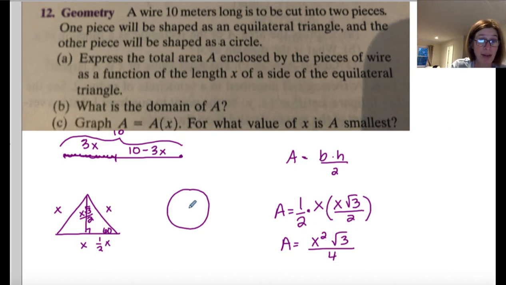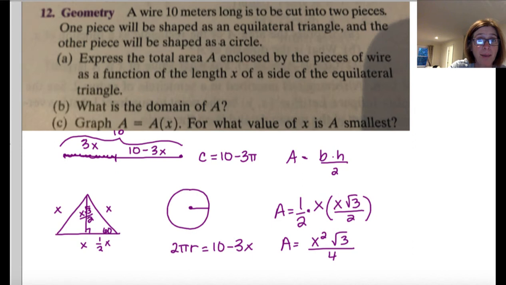Now we have to find the area of the circle as well. The circle's circumference we know is 10 minus 3x, and the circumference of a circle is 2 pi r. So 2 pi r equals 10 minus 3x.